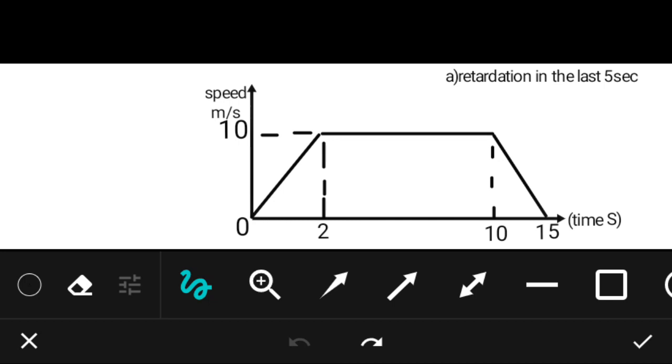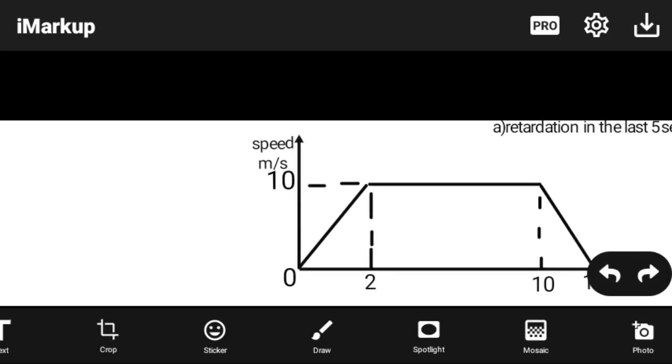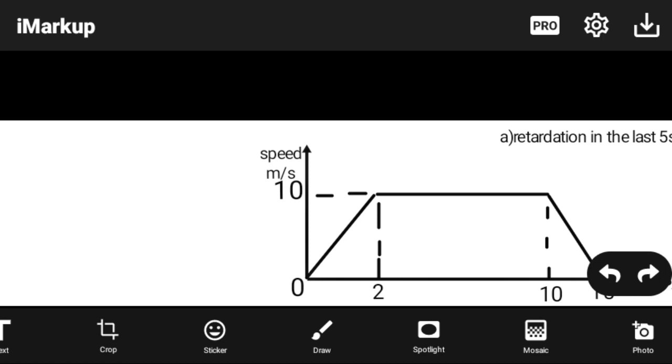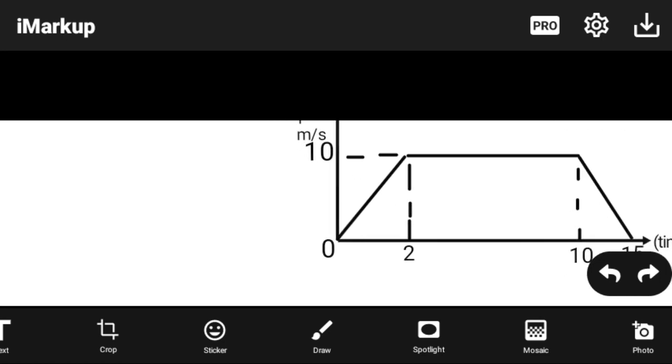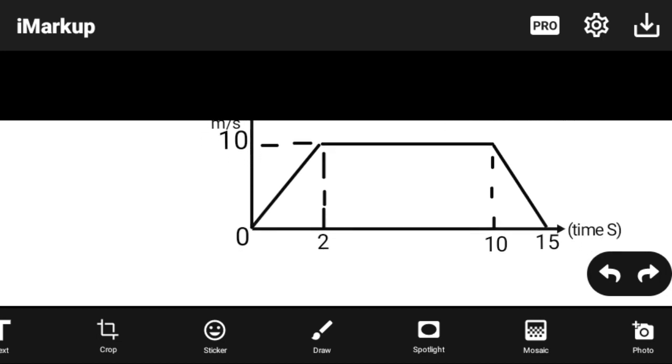So let's quickly answer that first question. They are saying retardation in the last 5 seconds. So retardation, what you need to know is that retardation is the negative acceleration. When you say retardation, the word itself means negative acceleration.